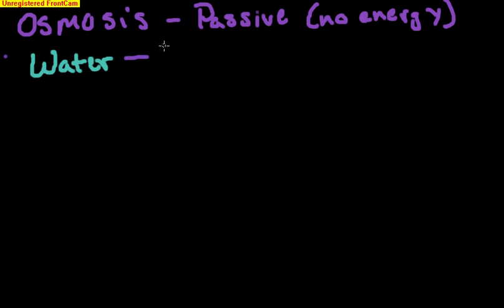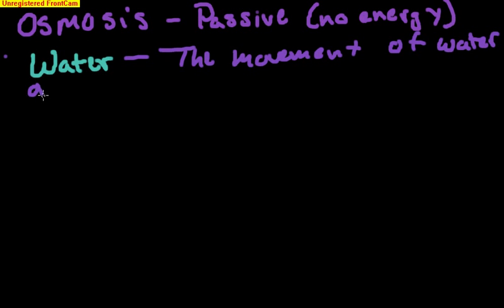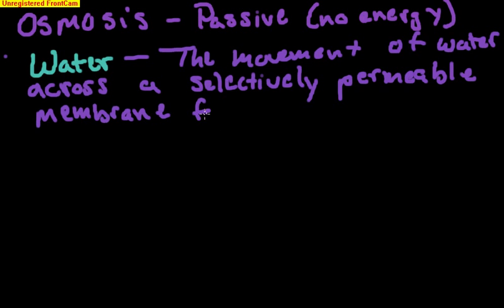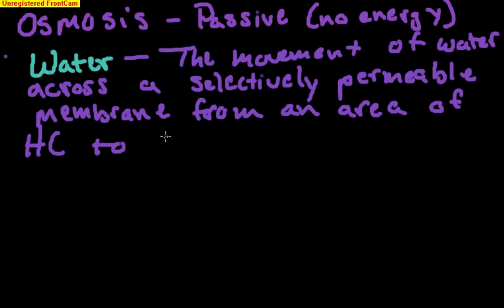essentially the movement of water across, now this one's a big term here, selectively permeable membrane from an area of high concentration, HC, to an area of low concentration.